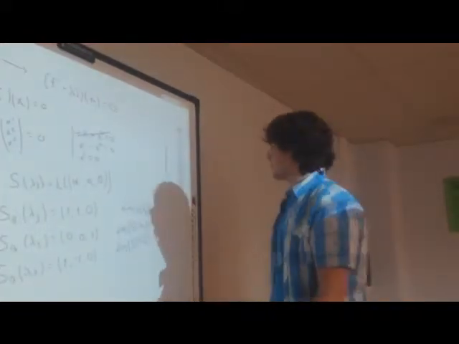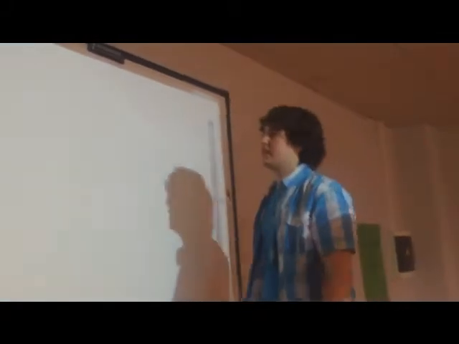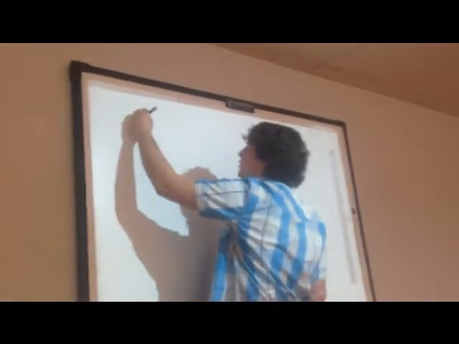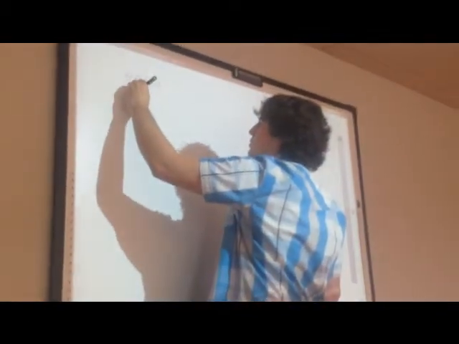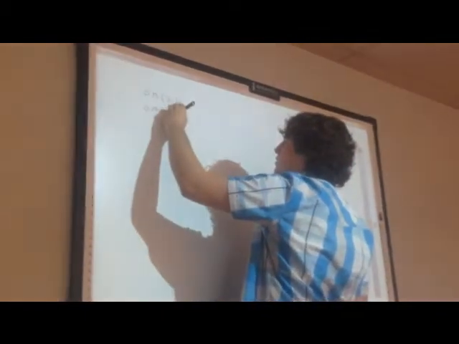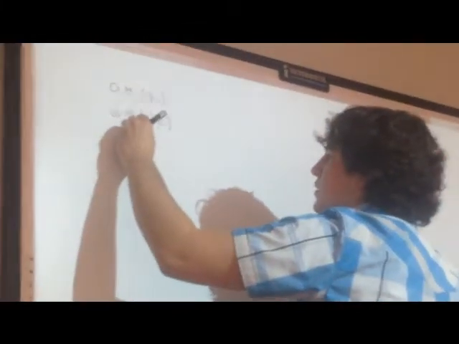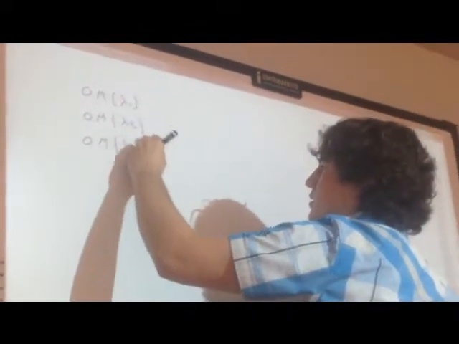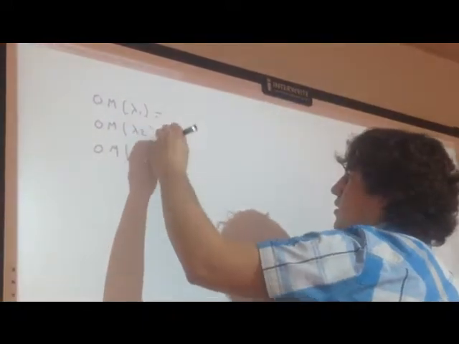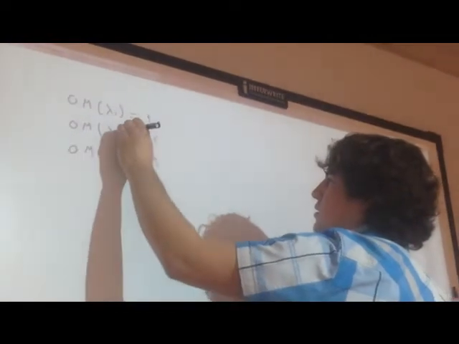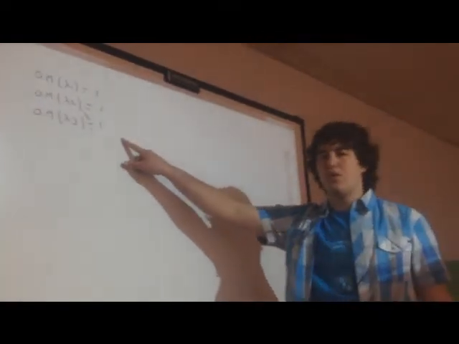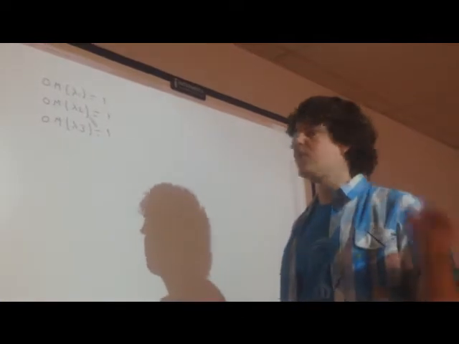So it turns out to be that the order of multiplicity for lambda 1, the order of multiplicity of lambda 2, the order of multiplicity of lambda 3, they are all 1. And actually, the values for the dimension of the eigenspaces, they are all 1 again.